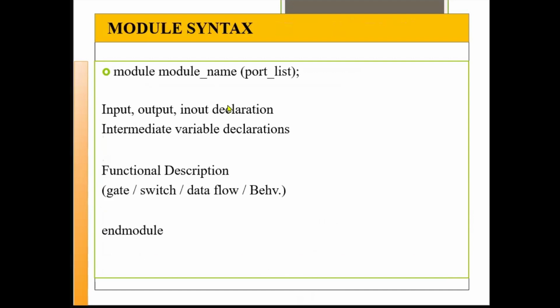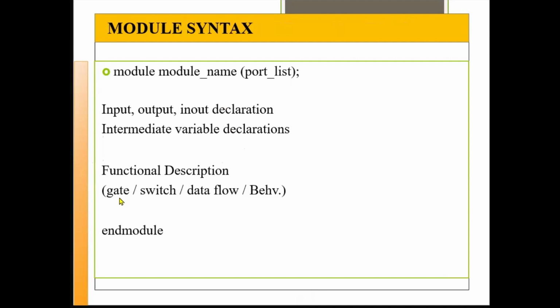This is an example that shows the syntax for the module. We define the module by the keyword called module. Module name may be anything. Within the braces, you have the port list. In the port list, you describe the output ports first, followed by the input ports. After declaring the input, output or in-out ports, you describe the particular logic at 4 different levels.